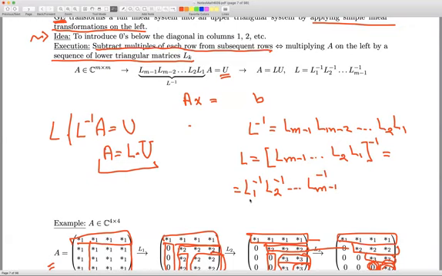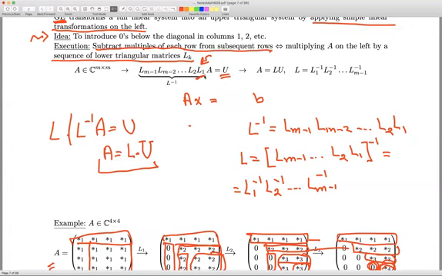So what we need to do is first find how this operation, subtracting multiples of each row from subsequent rows, can be done by multiplying the matrix A on the left by a particular lower triangular matrix.